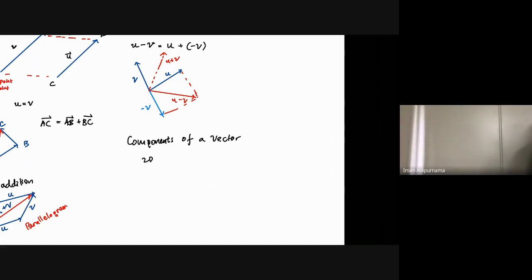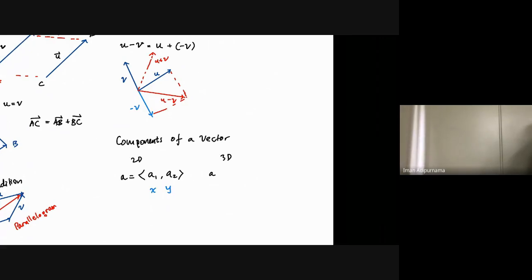In 2 dimensions, let's say we have the vector A, we have A1, A2, X, Y. And in 3D, we have 3 axes: X, Y, Z.